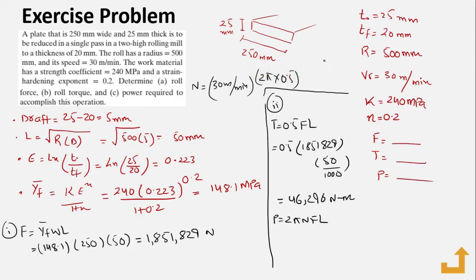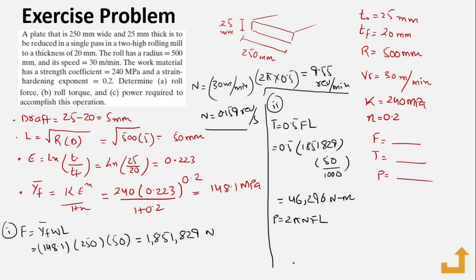Converting into revolutions per minute, we have 9.55 revolutions per minute. Or we can convert it into seconds by dividing by 60. So we will have around 0.159 revolutions per second. Right?